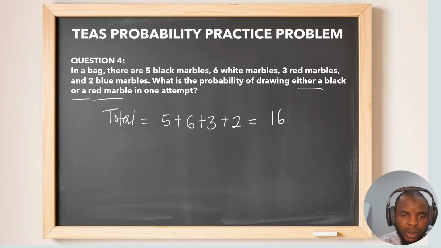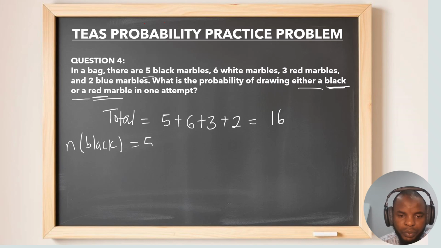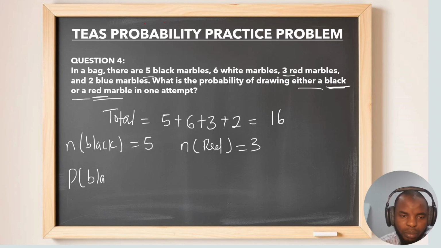Now here we are looking for the probability of selecting black or red. For black marbles, the number is 5. For red marbles, we have 3. Now we want to calculate the probability of selecting a black or red.